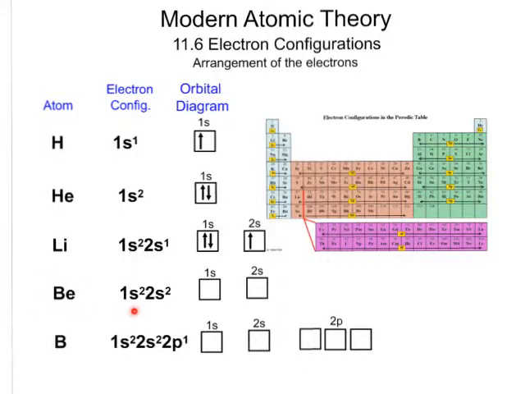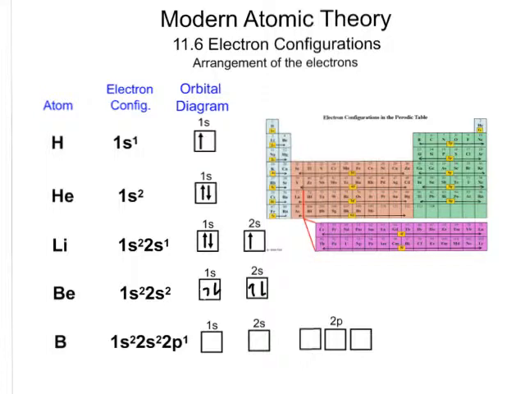We write that 1s², 2s². So there would be two electrons in the 1s orbital and two in the 2s orbital. So if we were to write that in over here, we would have one electron pointing up and one pointing down. And then we go to the 2s orbital, one pointing up and one pointing down.